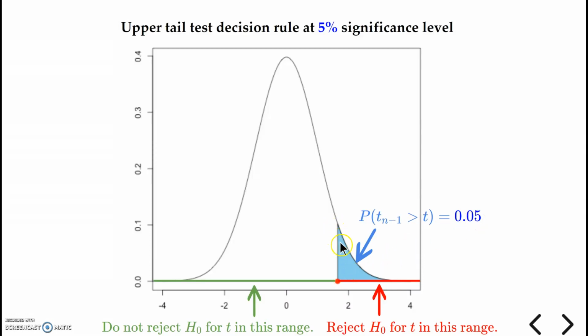We have learned that if the calculated t statistic falls above this area, highlighted in the red line here, we will reject the null hypothesis. If the calculated t statistic falls into the area highlighted in green, we will not reject the null hypothesis. So we have the rejection region, and this is the non-rejection region.